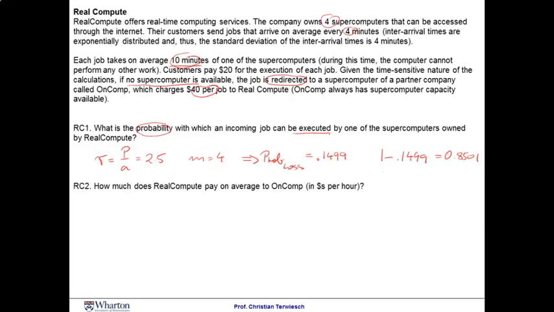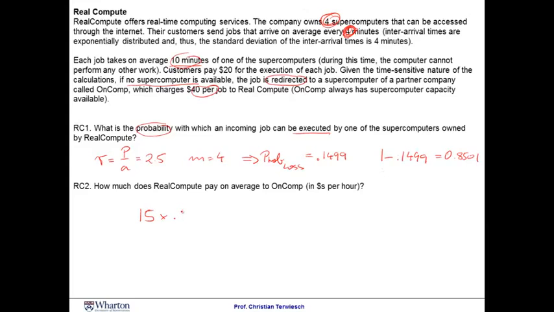The second part of the question looks at, in some sense, the overflow. It's important to keep in mind that we have 15 jobs coming in per hour. That is just 60 minutes divided by the inter-arrival time of 4 minutes. So 15 jobs come per hour. And we know from the previous question that jobs will be turned away to the partner company.